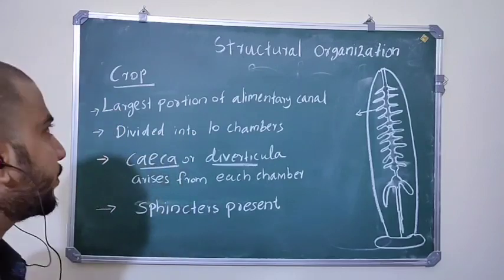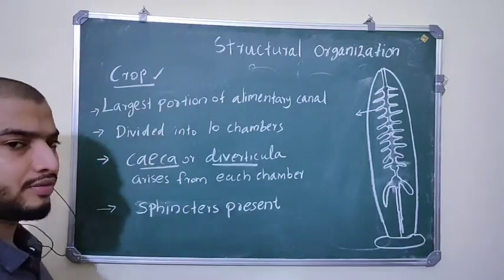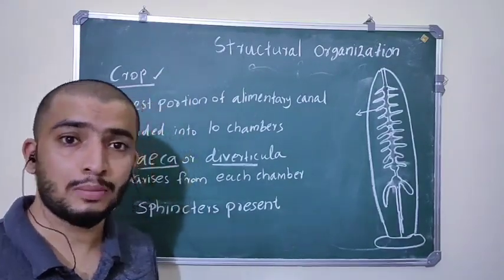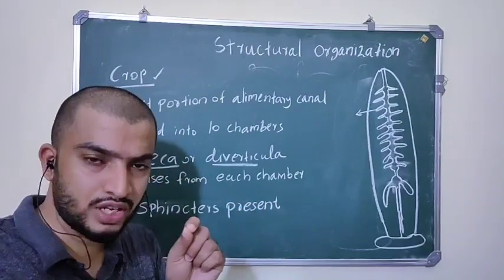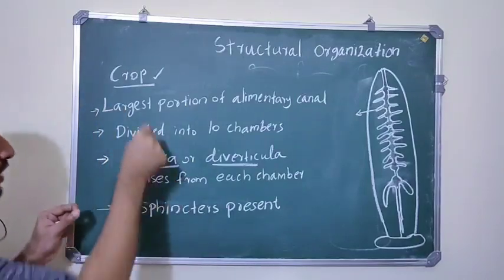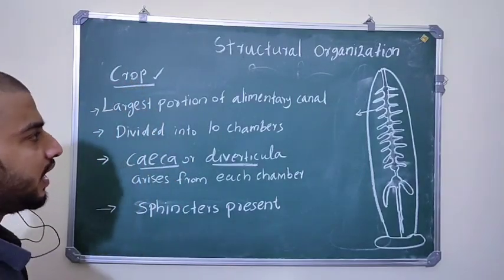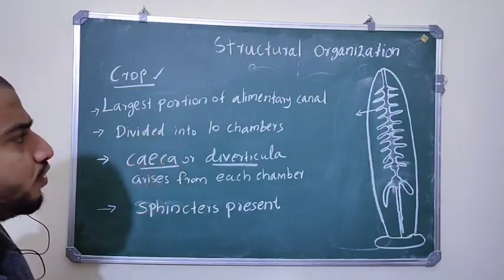Next we are going to discuss the crop. In the previous topic we discussed the muscular pharynx. This muscular pharynx leads to the esophagus, then the esophagus leads to the crop. This crop is the largest portion of the alimentary canal.